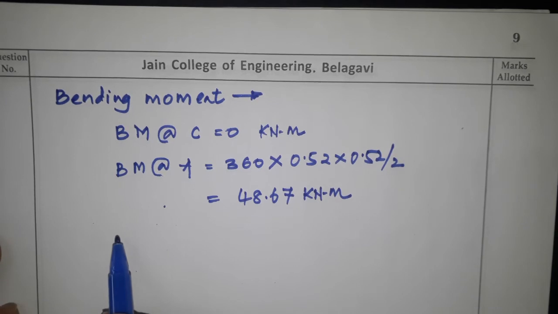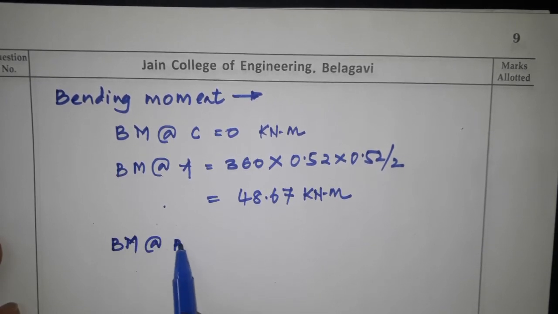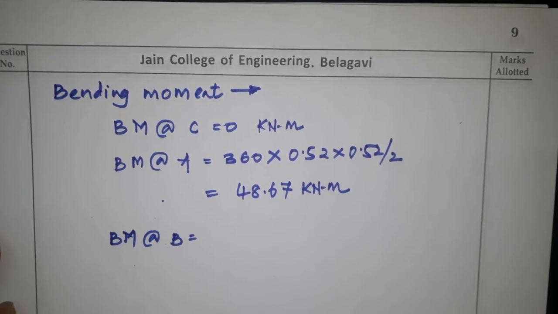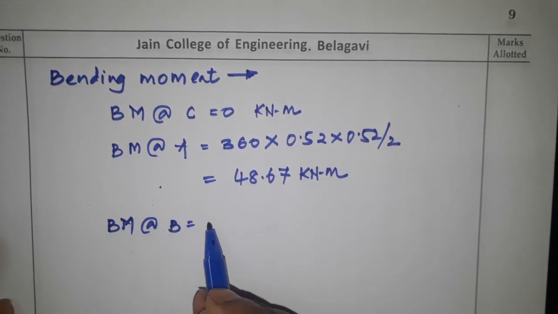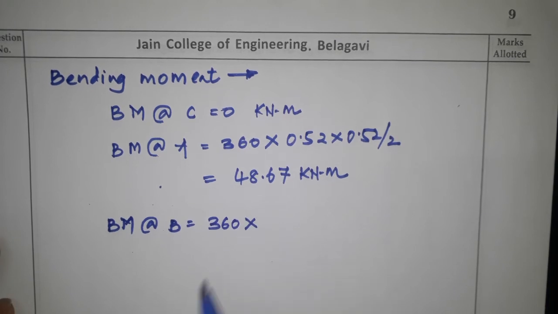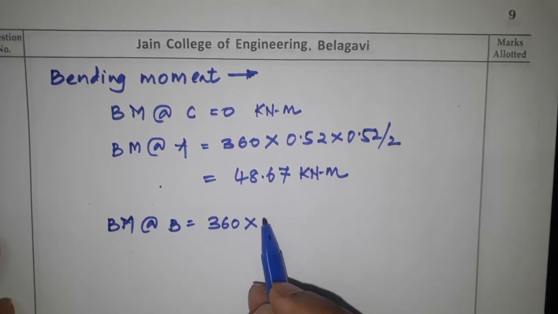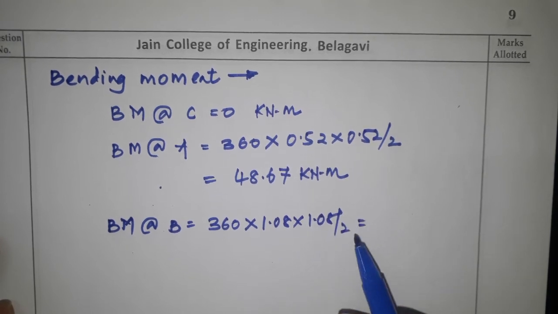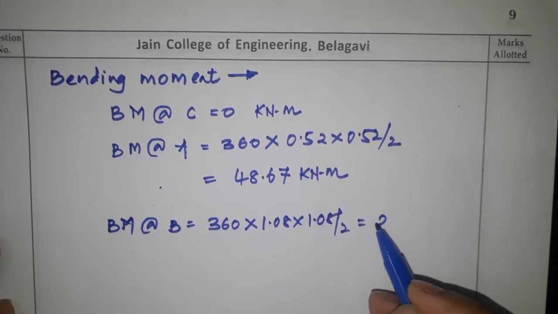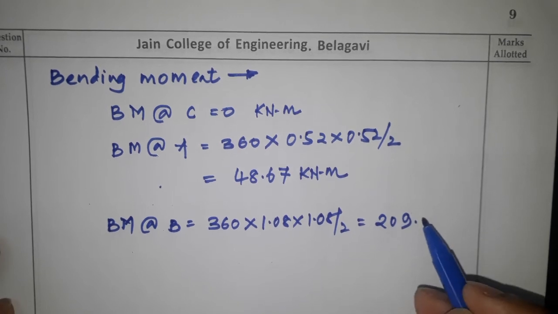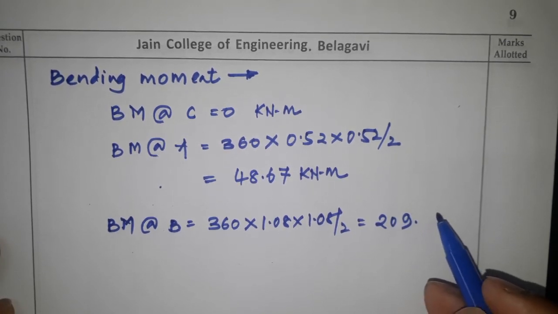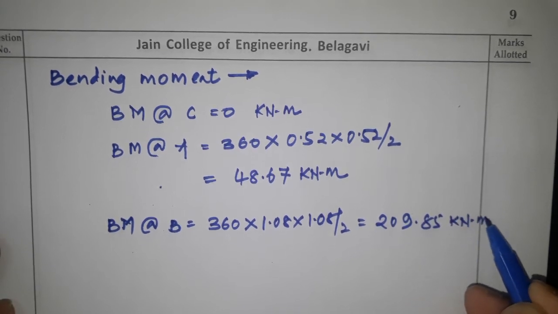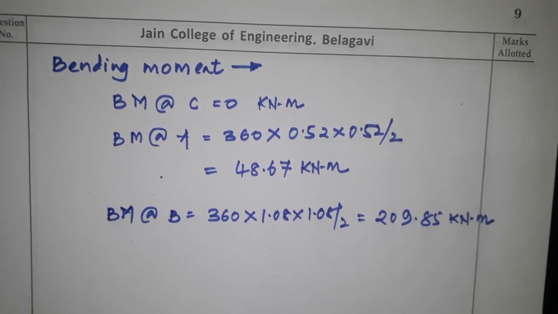Then the bending moment at B, if you check, is 360 into 1.08 into 1.08 divided by 2, so we'll get 209.85 kilonewton meter.